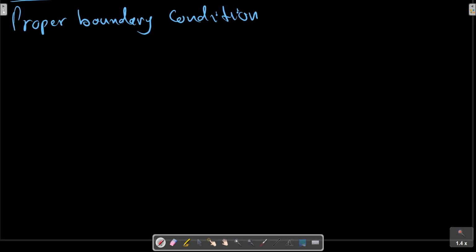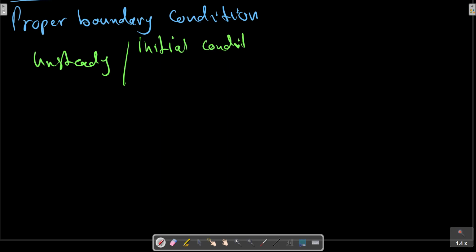At first, if the flow is unsteady, there must be an initial condition at t equals 0.